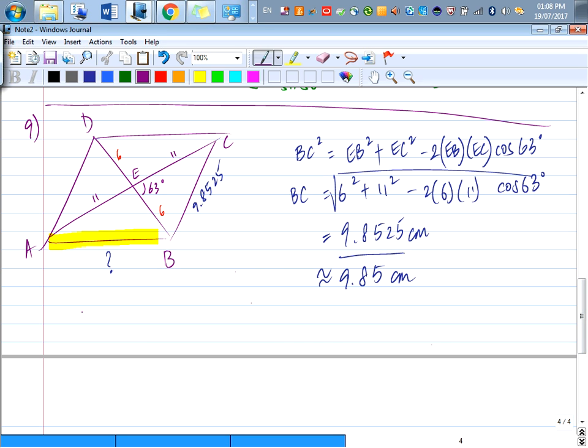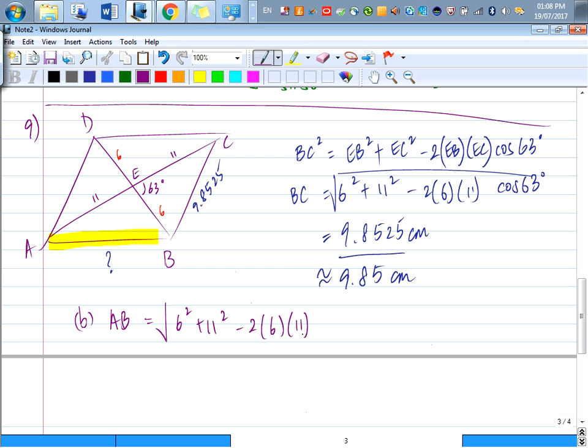AB, this is part B. So AB with a square root equals 6 square, then cosine 117.